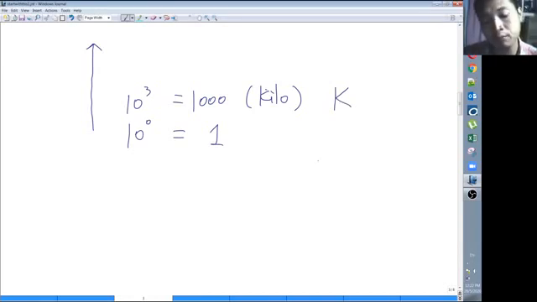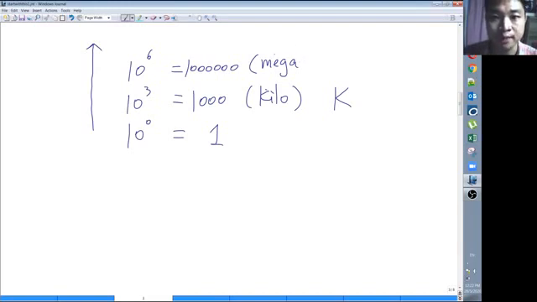Okay, so let me move up another level. It's 10 to the power 6, and 10 to the power 6 is actually a million. But in terms of mathematics, or in standard form, we are actually using mega to represent this 1 million, and the letter you're going to use for mega is capital M. The next one is 10 to the power 9. So 10 to the power 9 is 1 billion.